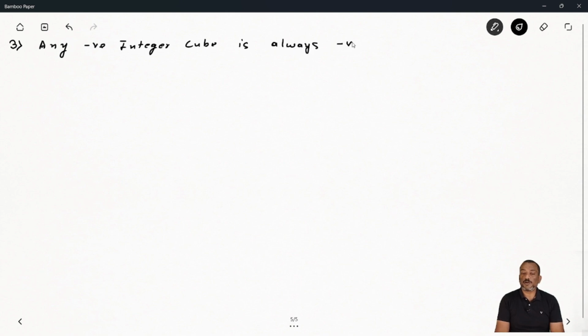If we have any negative number, like -2, and you find its cube, you get -8. For -3, you can see its perfect cube is also negative. Okay, so that is the thing.